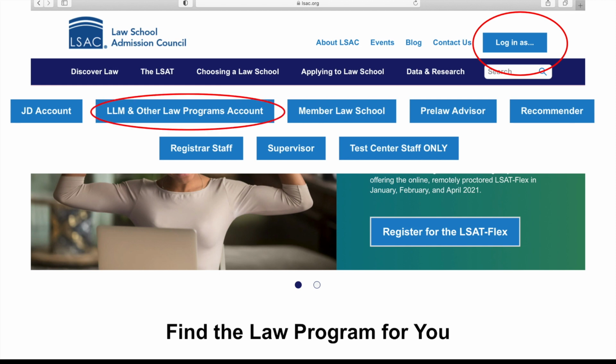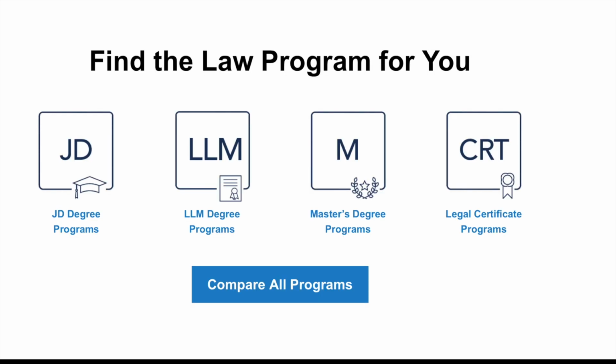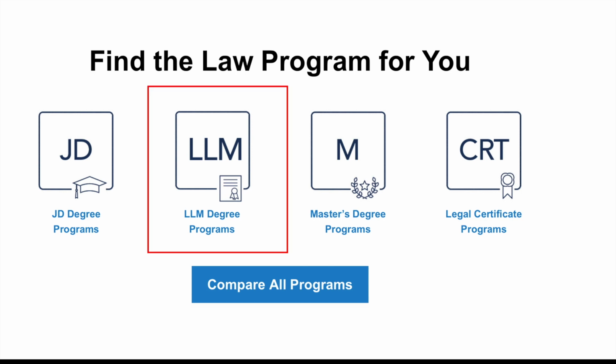When you create your account, you'll be brought to a completely new home page, which we'll explain in the coming time. There's another option too: you get a page like this showing an LLM degree program, you click on it and log in. This would be the starting step of applying through LSAC.